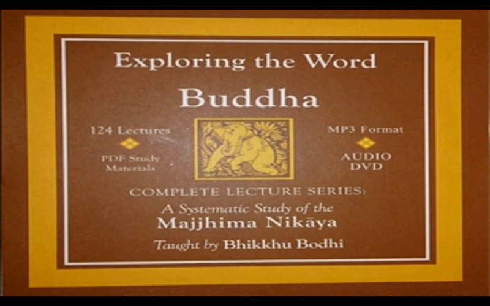So this is the abstinence that arises when one understands first that these three types of actions are wrong, unwholesome, conducive to suffering for oneself and others. Then one makes the determination to abstain from them. One might take the precepts to abstain from these types of actions.